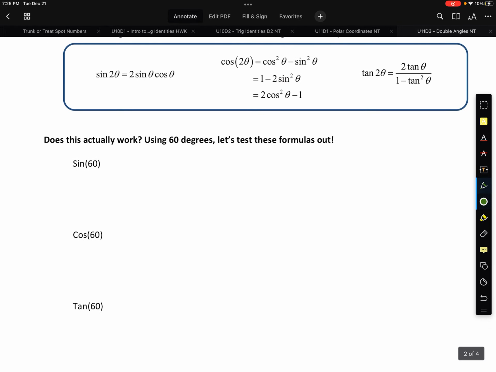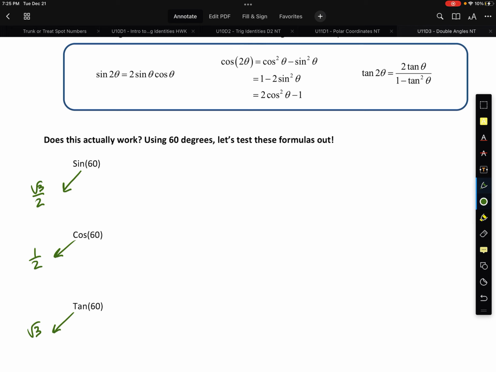All right, so does this actually work? I just want to show you. If we think about the unit circle, sine of 60 is rad 3 over 2, cos of 60 is 1/2, and tan of 60 is rad 3. I don't ever want you to use this formula for this setup, but for the purpose of what we're doing right now, I just want to show you that it does work.